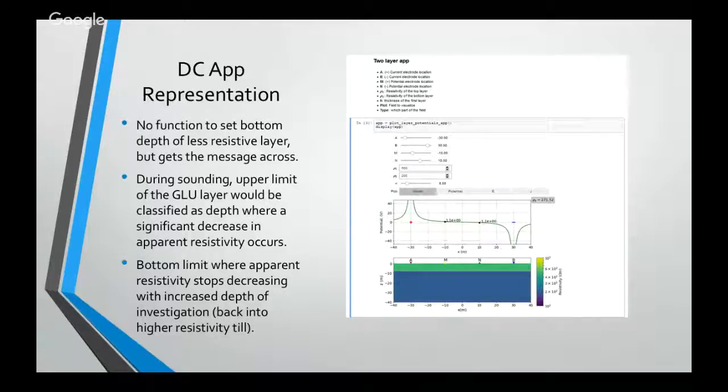We could use a two-layer approach. During sounding, the upper limit of the GLU layer should be classified as where apparent resistivity decreases significantly, and the bottom limit should be where apparent resistivity stops decreasing with increased investigation depth, which indicates a higher resistivity till.